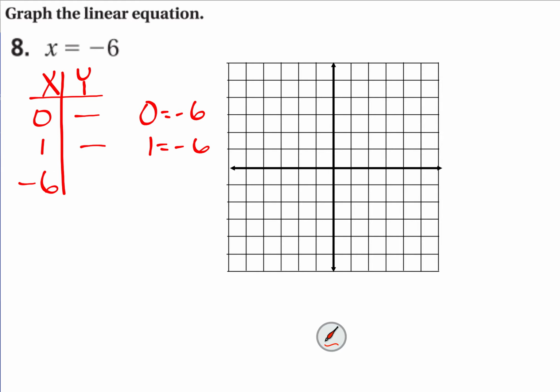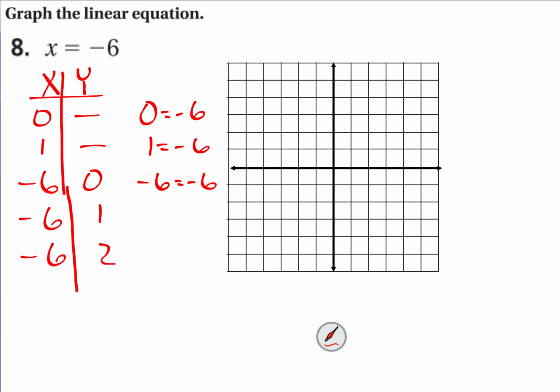But if we try in negative 6, this is true. Because it's true, y can be any number at all that we want. It could be 0, could be 1, could be 2, anything we want y to be.